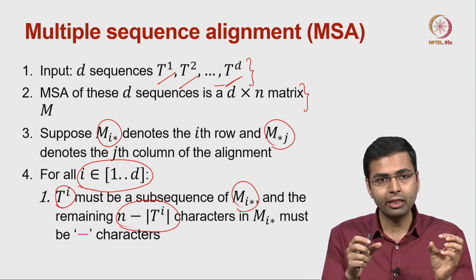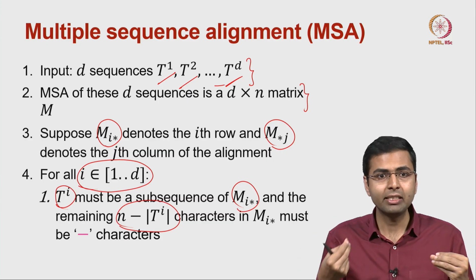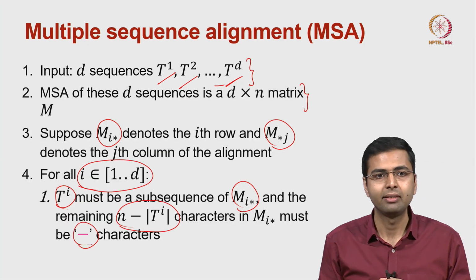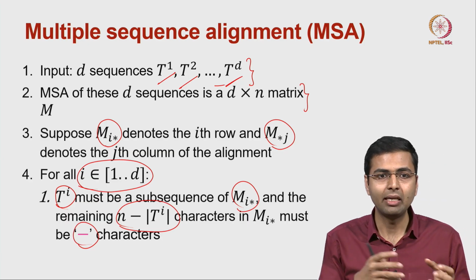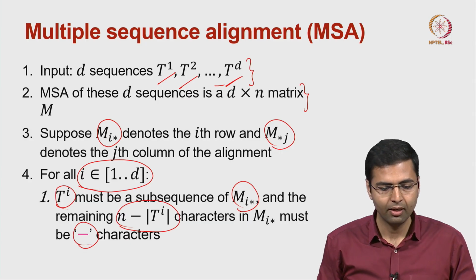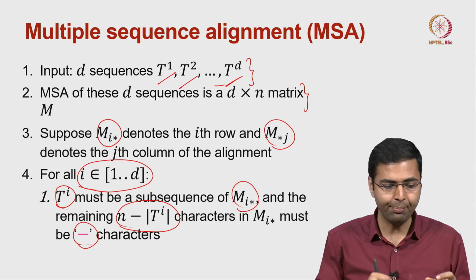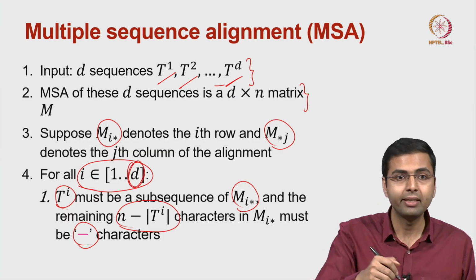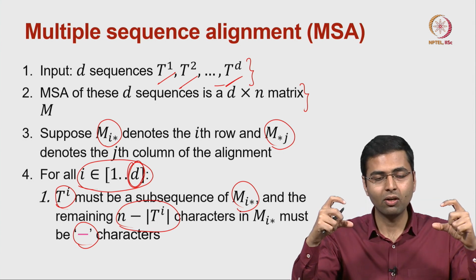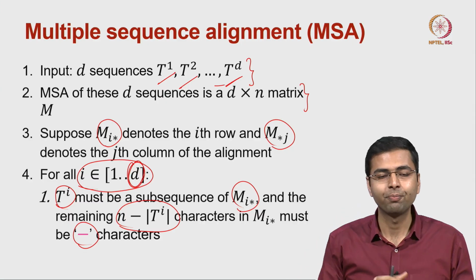So T i contributes its characters in the row, and the dashes reflect insertions and deletions. As you can see, this is very similar to the pairwise sequence alignment definition, except that we are now working with D sequences, and instead of columns with 2 values, now we have columns with D values.